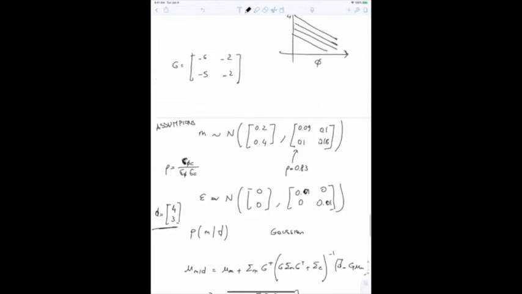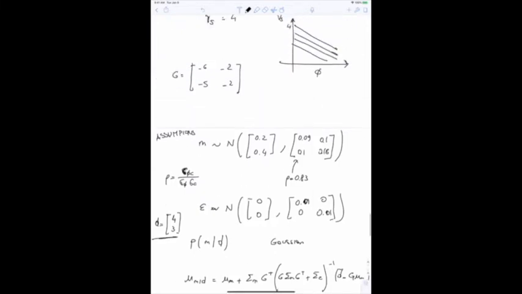Again, in the homework, it's going to be much easier because this is the multivariate case. So these are the assumptions and data. I guess I should have written the measured data here.